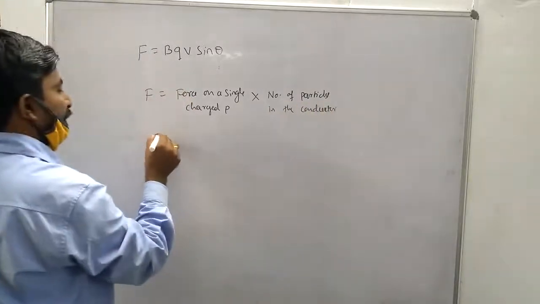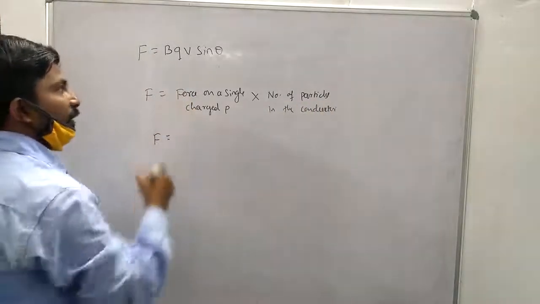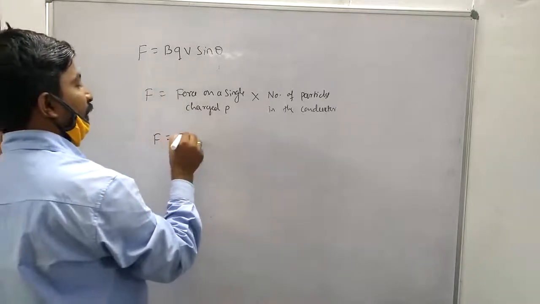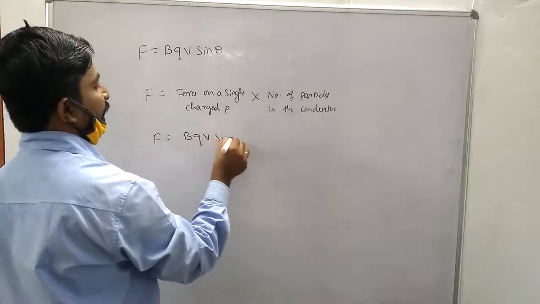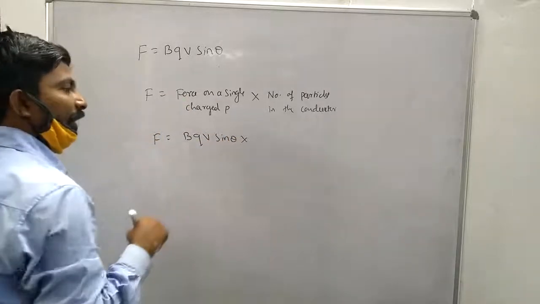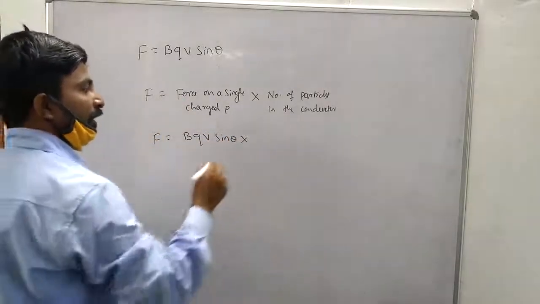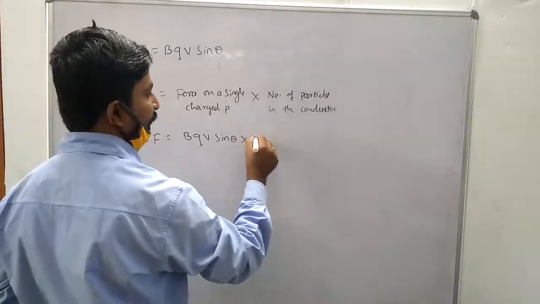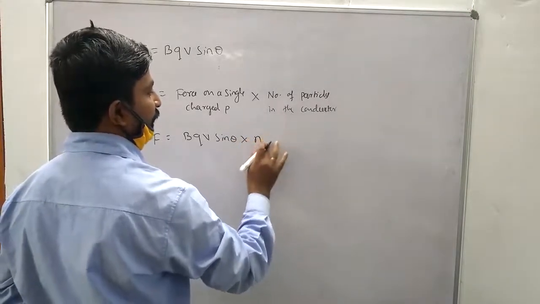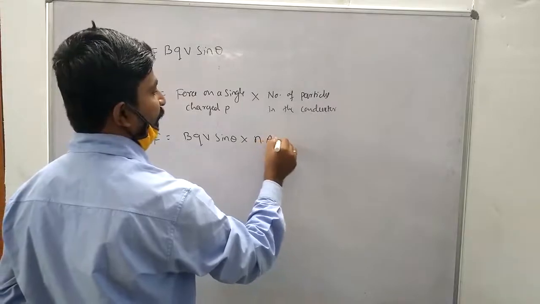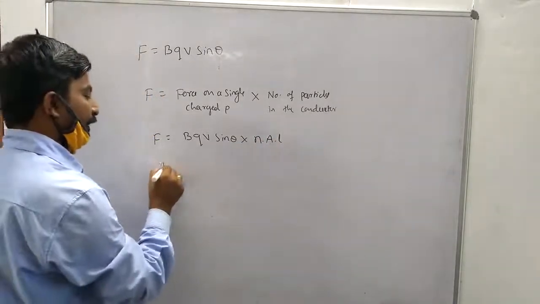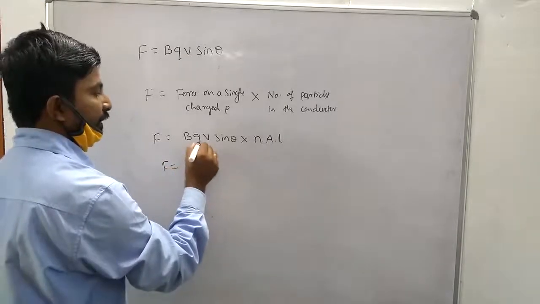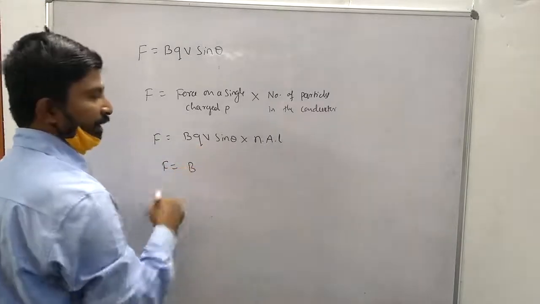So F is equal to the force on a single charged particle, that is nothing but B Q V sin theta, into the number of particles in the conductor, so we can write N A L.